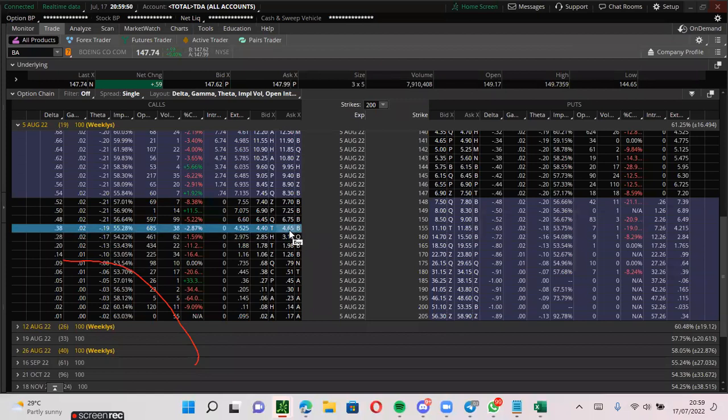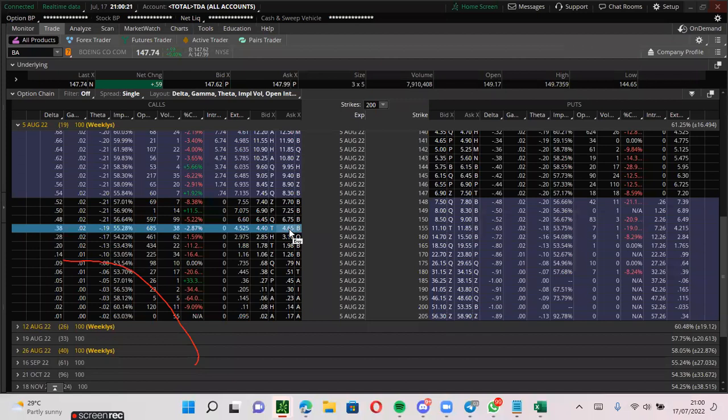So what if the stock goes to 157 by the end of the 5th August? At that time your option contract is worth $200 because it is in the money at 157. So you need to give back 2 out of the 465, and you still have a profit of 265, right?